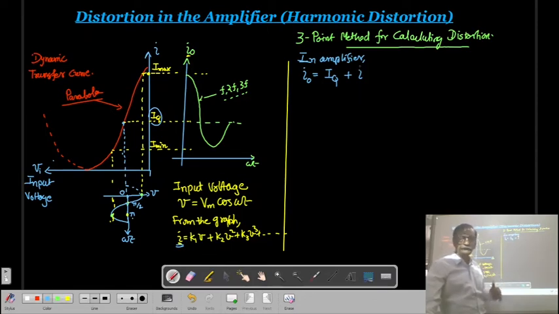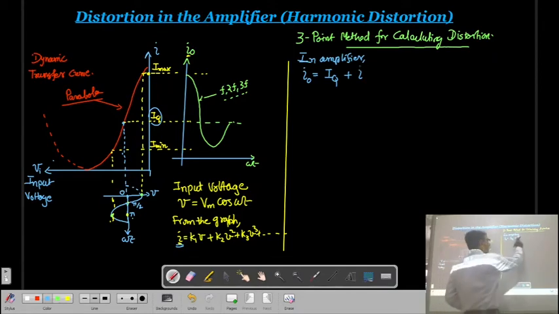And when we apply the signal, whatever the current is changing is the AC current. So the output current of the amplifier is given as IQ plus I.